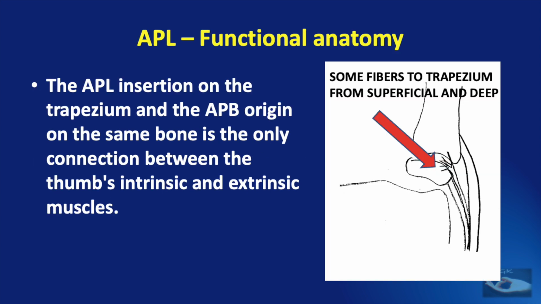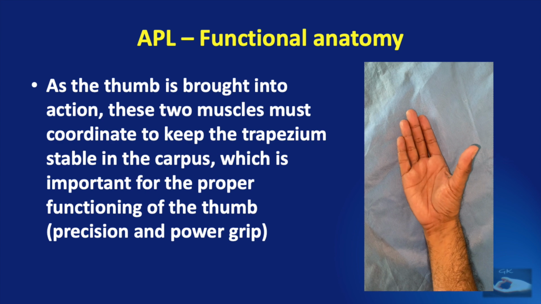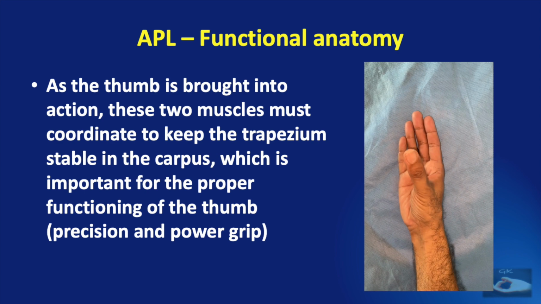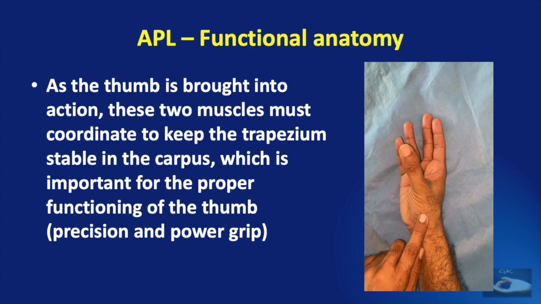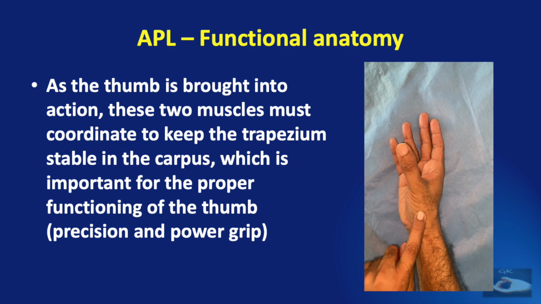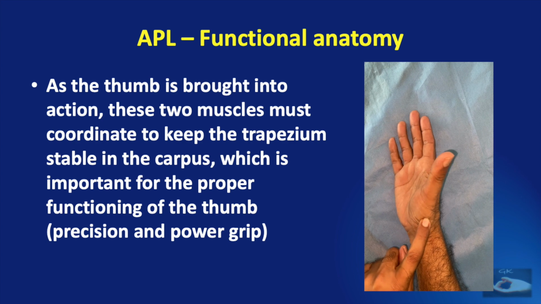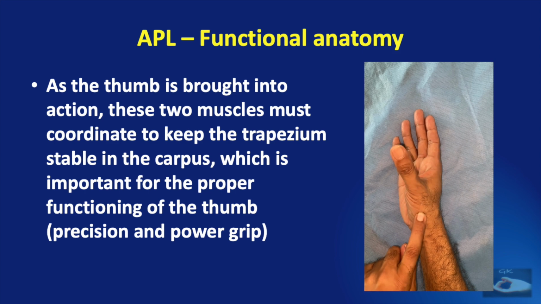It is important to understand that the APL insertion on the trapezium and the abductor pollicis brevis origin on the same bone is the only connection between the thumb's intrinsic and extrinsic muscles. As the thumb starts acting, these two muscles coordinate to keep the trapezium stable in the carpus, which is very important for the proper functioning of the thumb, both in precision and power grip.